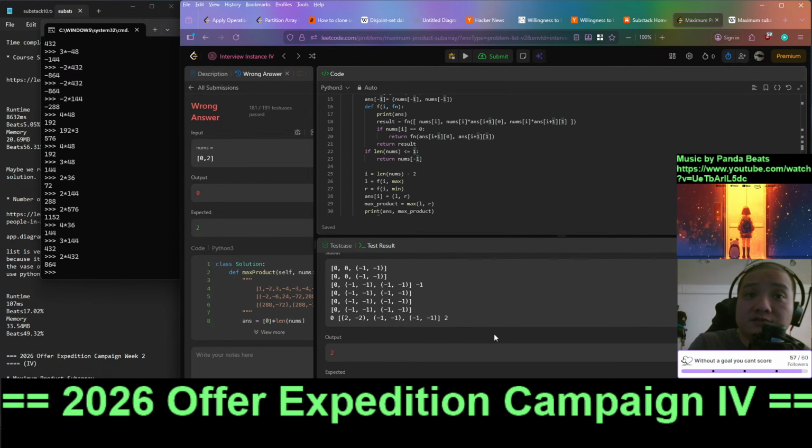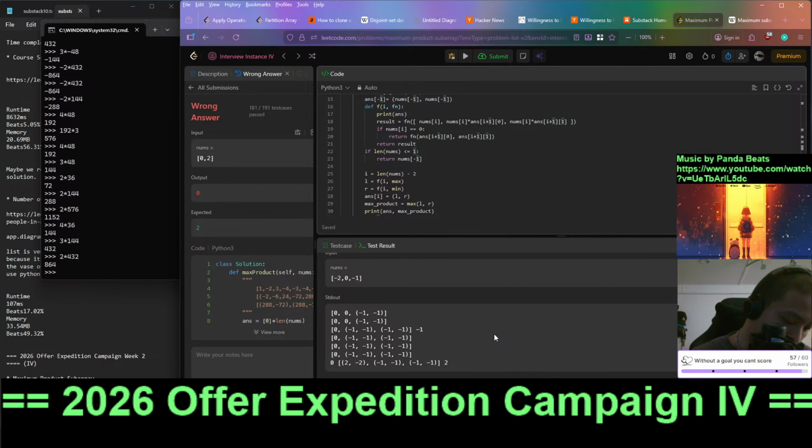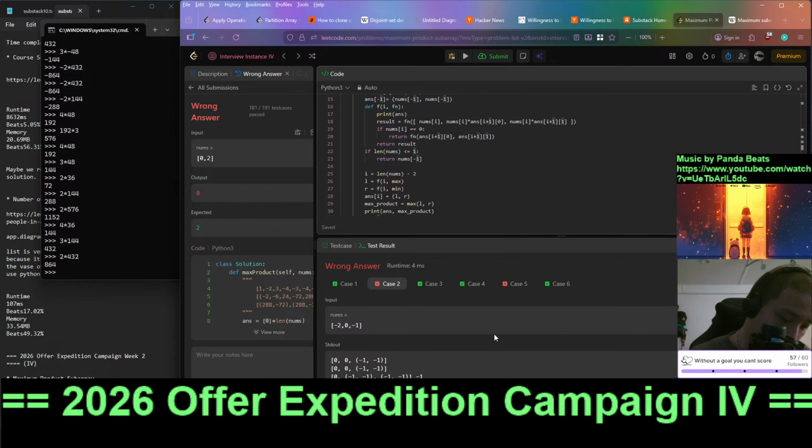The other case is this case. We got -2, 0, and -1. Right? So at 1, we're gonna have -1. So we pick 0, it's gonna be 0 or 0, right?